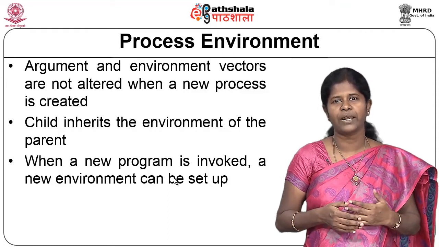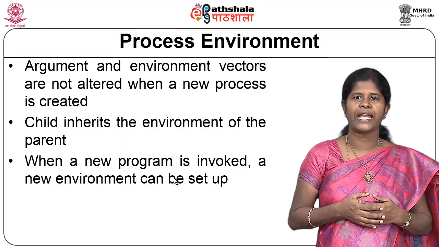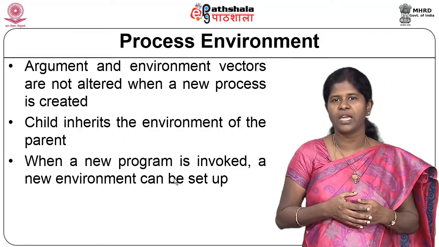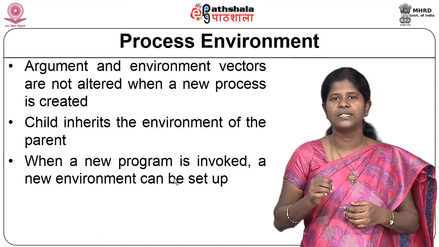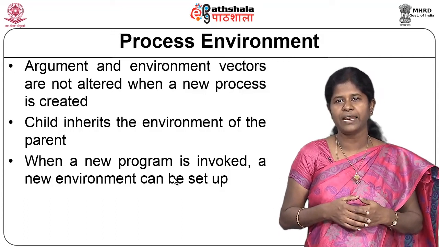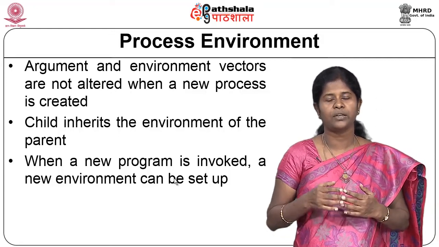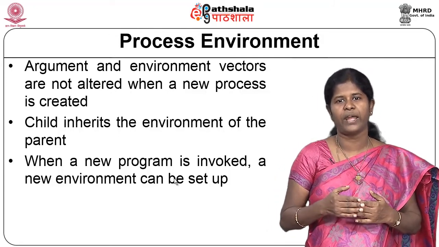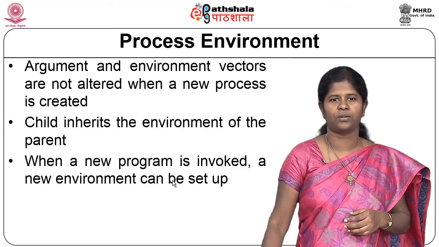There are two flavors of exec which can be used to set up the environment, called exec LE and exec VE. The last E in those names refers to setting up the environment. So, the new environment can be set up only when a new program is invoked using the exec call.